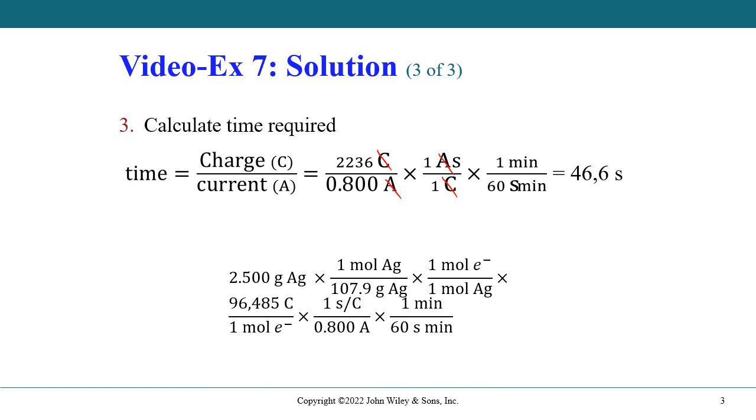And then of course if we want to get it into minutes, this is 60 seconds per minute, such that the seconds cancel and this becomes minutes, and we see that it's about 46 minutes to get that amount of silver electroplated out.